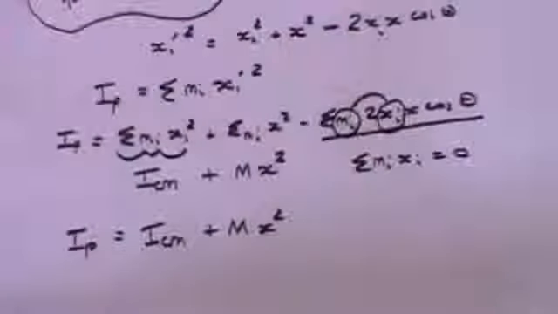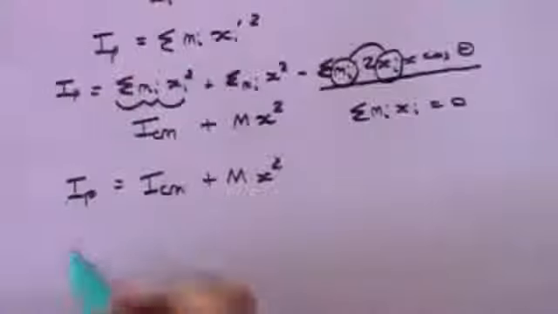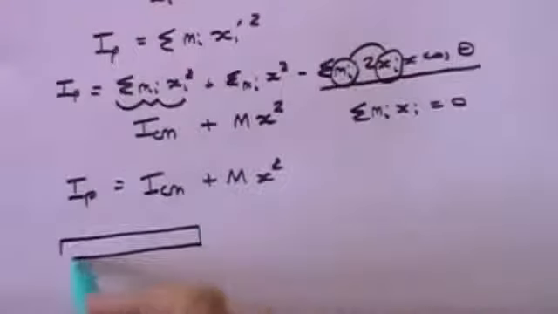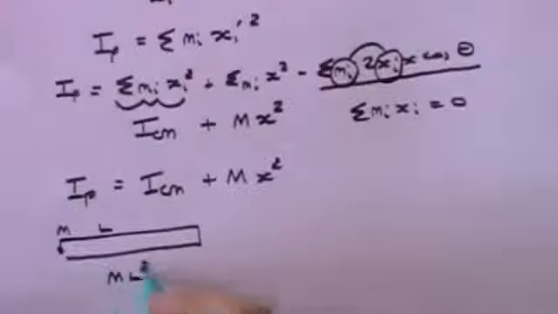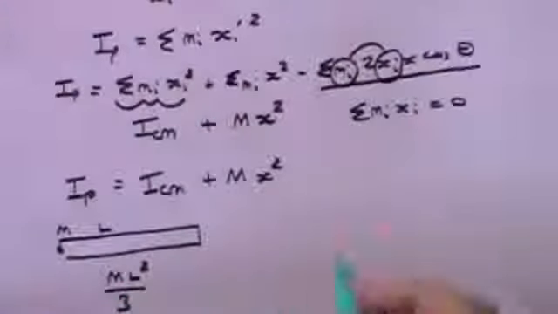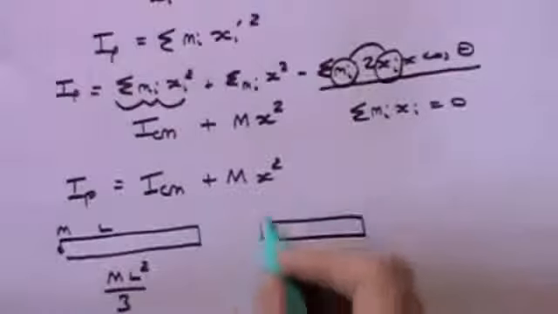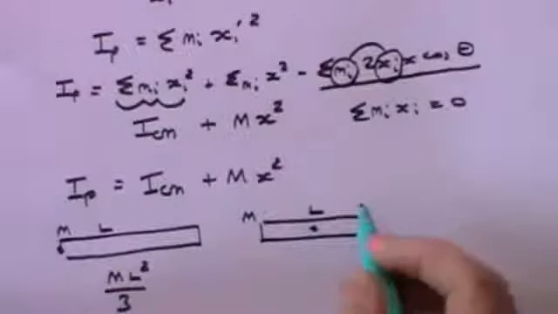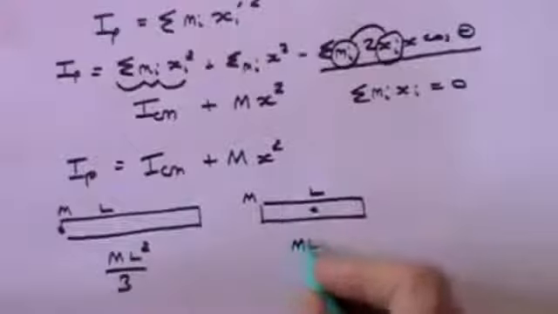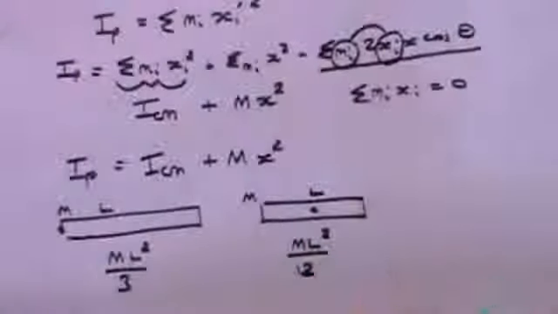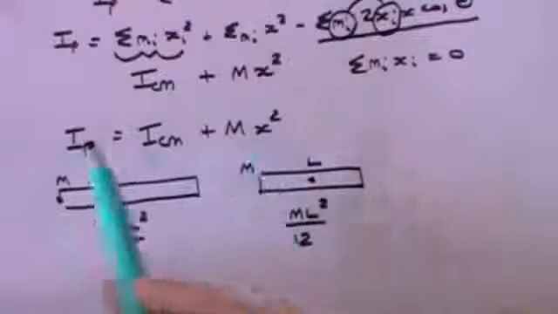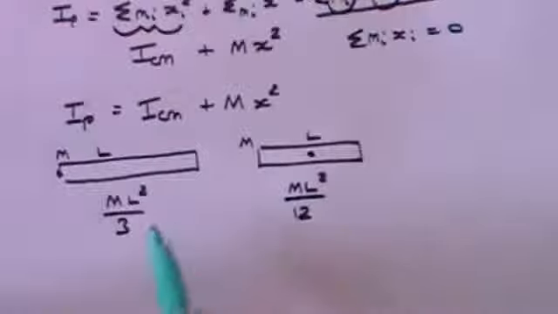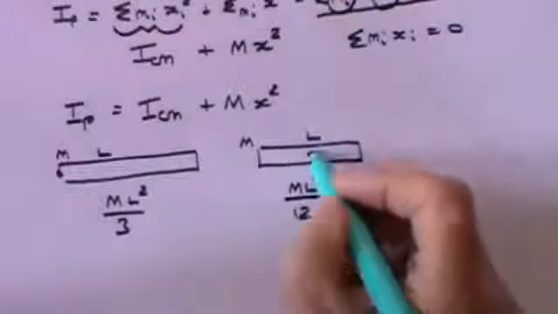Does it work? Well, we have of course already established that if you take a rod of mass m and length l, if you pivot it at one end, the moment of inertia is ml squared over 3. And if you take the same rod of mass m and length l and pivot it in the middle, the moment of inertia is ml squared divided by 12. Does that conform to this equation? Well, what we're saying is that the centre of mass is here.